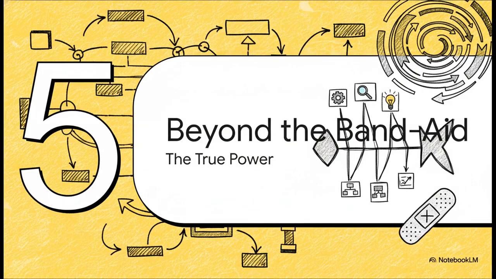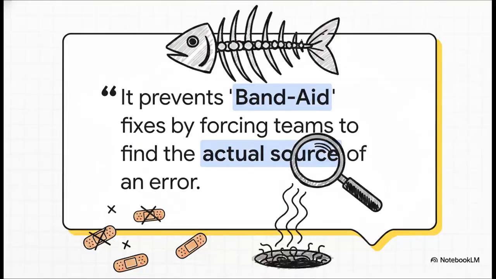So as you can probably tell from those examples, the real payoff here is so much bigger than just fixing a single issue. It's about fundamentally changing the way you operate. And this just says it all perfectly. The Fishbone Diagram is a system designed to make those lazy, band-aid fixes impossible. It forces your team to dig until they hit the actual foundation of the problem.